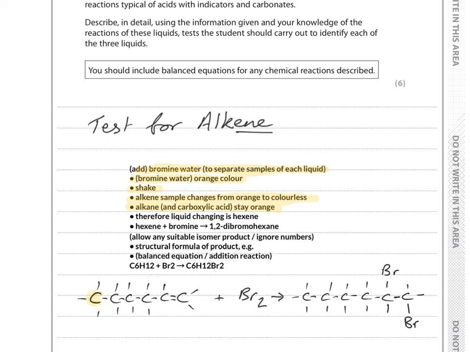But you do need a reaction in there because it said you should include balanced equations, and if it says you should include them, then you need to include them to get the full marks. So you need to show that hexene reacts with bromine to give you your dibromo alkane.